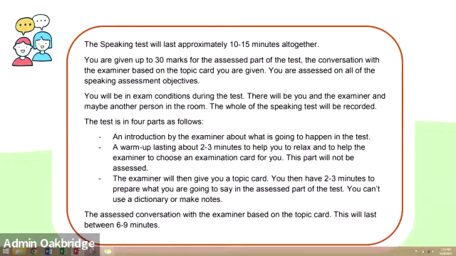Only then, after the warm-up conversation, the examiner will give you a topic card. They will choose the card for you and give it to you. Once they have selected the card, you then have 2 to 3 minutes to prepare for what you are going to say in the assessed part of the test.